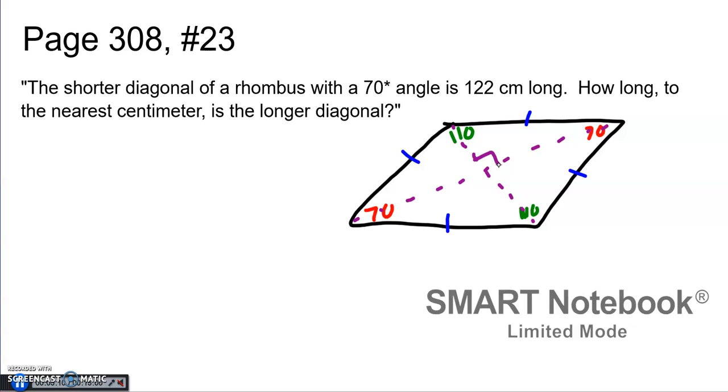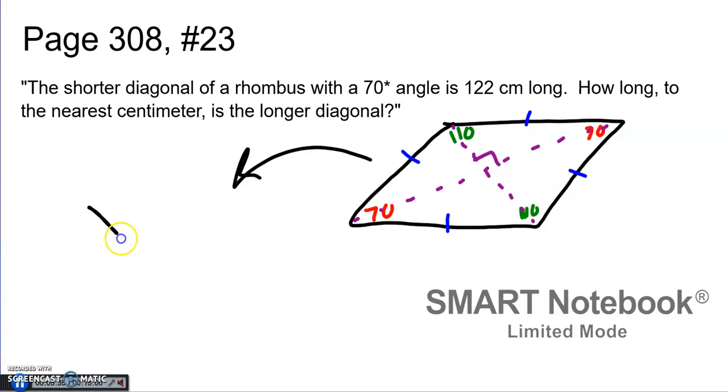Well, it says that the shorter diagonal has 122 centimeters to it, right? So if we look, we have 110 by 110. That's going to be our shorter diagonal. If it's bigger angle, shorter diagonal. Smaller angle, bigger diagonal. So I'm just going to redraw it over here to our left.